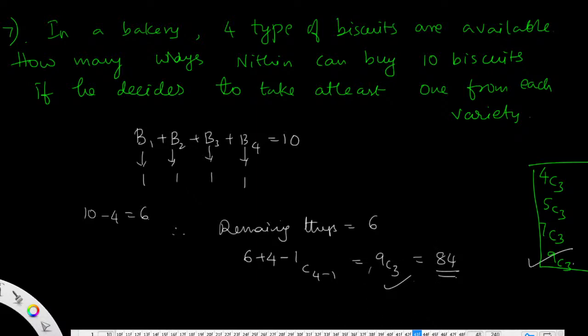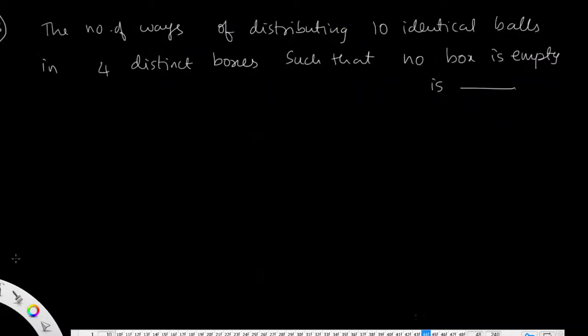Okay. Then next one. Number of ways of distributing 10 identical balls in 4 distinct boxes such that no box is empty is dash. What is the answer? Yes, same 9C3.